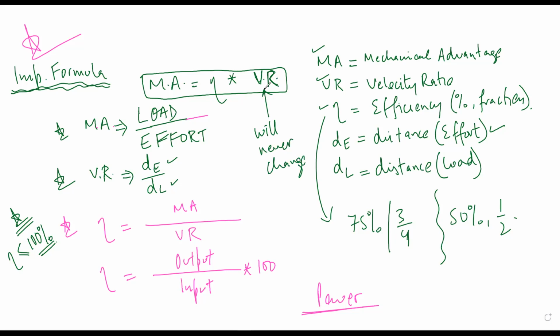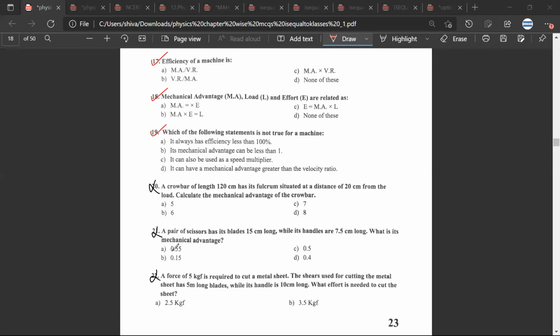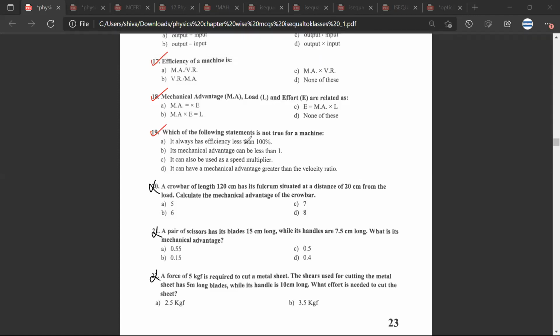VR will always be equal to distance moved by effort upon distance moved by load. But there would be times when MA might change. Mr. Sibang, any confusion? No doubt. We'll be doing a numerical which will illustrate this concept. One second, I'll see if we can find that numerical. Okay, let's move ahead.